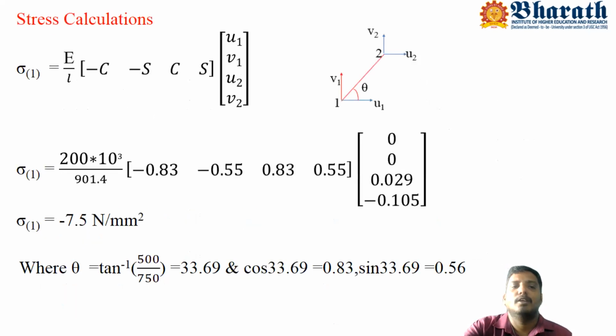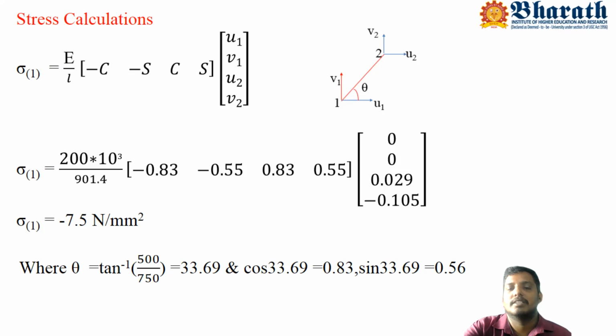Then how do we calculate the stresses induced in the element? We already derived the stress for the truss element. That means the stress induced in the element is equal to E by L times [minus C, minus S, C, S], where C is nothing but cos theta and S is equal to sin theta. The respective element has nodes 1 and 2, so the nodal displacements are U1, V1, U2, V2. The same way, we have to measure the angle with respect to the global positive x-axis.